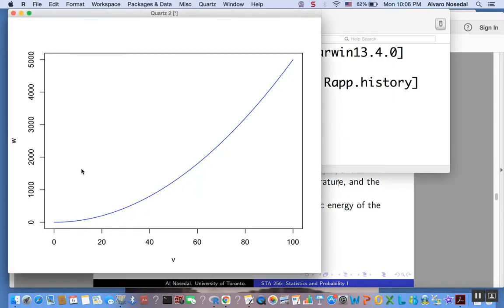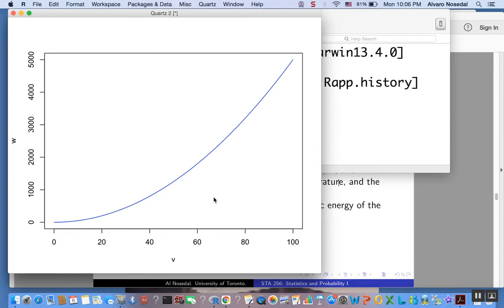Because in that case we wouldn't have an increasing function or a decreasing function, and then we wouldn't be able to apply the transformation method.